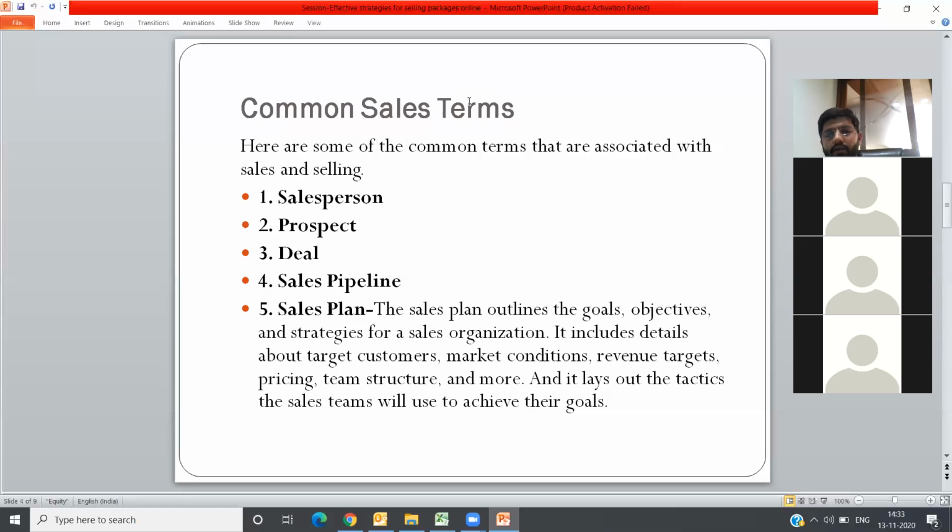Sales pipeline: every customer passes through a set of sales pipeline stages, like new lead, customizing, and then finalizing the customer. There are various pipeline stages for a particular customer when we are pitching the plan. First we'll be calling them, then we'll be sending the quote as per the customer requirement, then customizing if required.